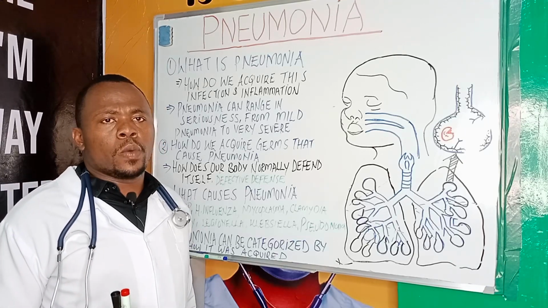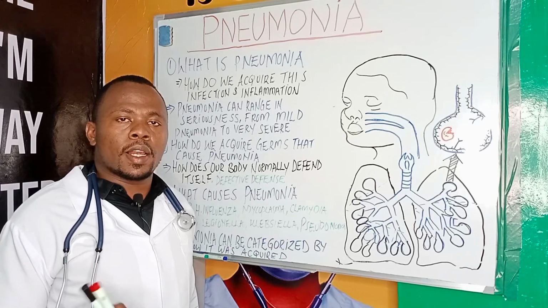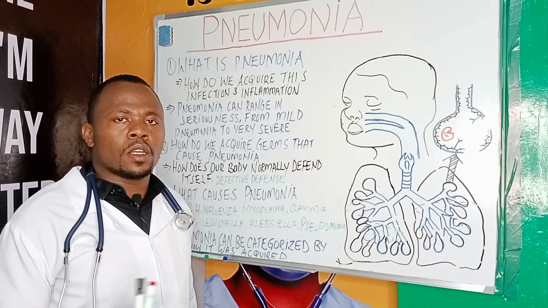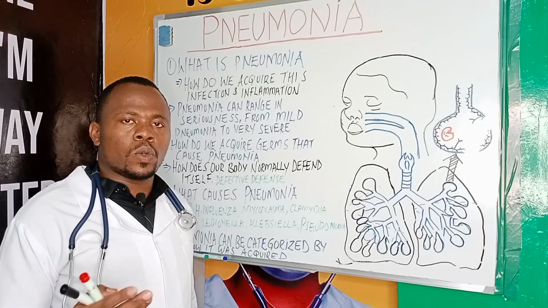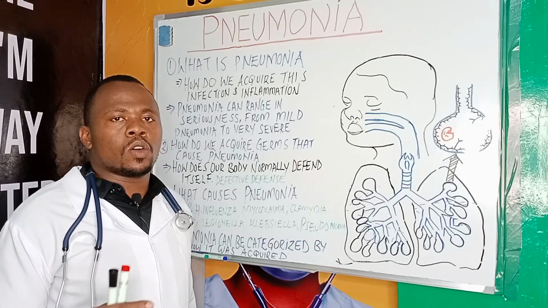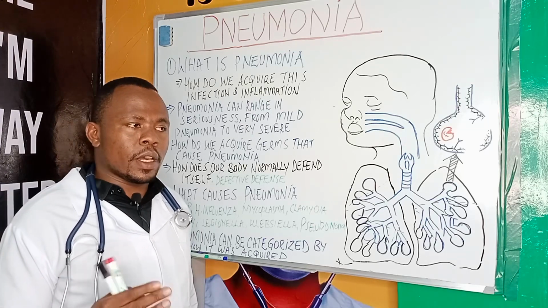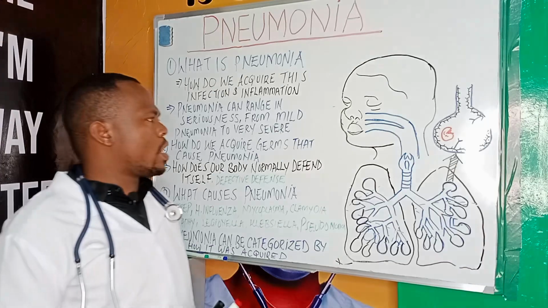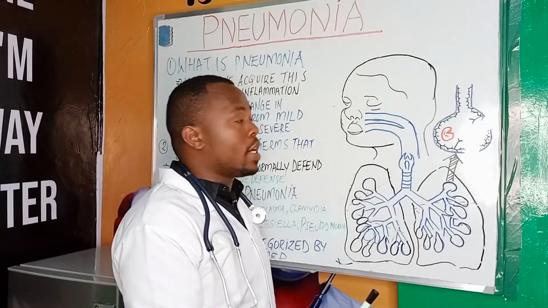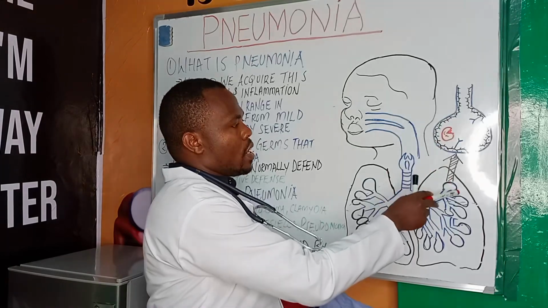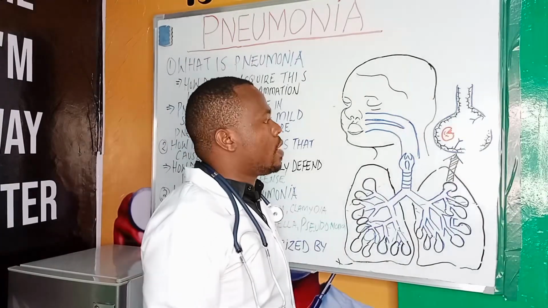Number two, we have what we call cilia. Cilia are hair-like extensions that line your air sacs, or alveoli, and also the bronchus. In this diagram, I'll show you what cilia are. This is an enlarged air sac, or alveolus.